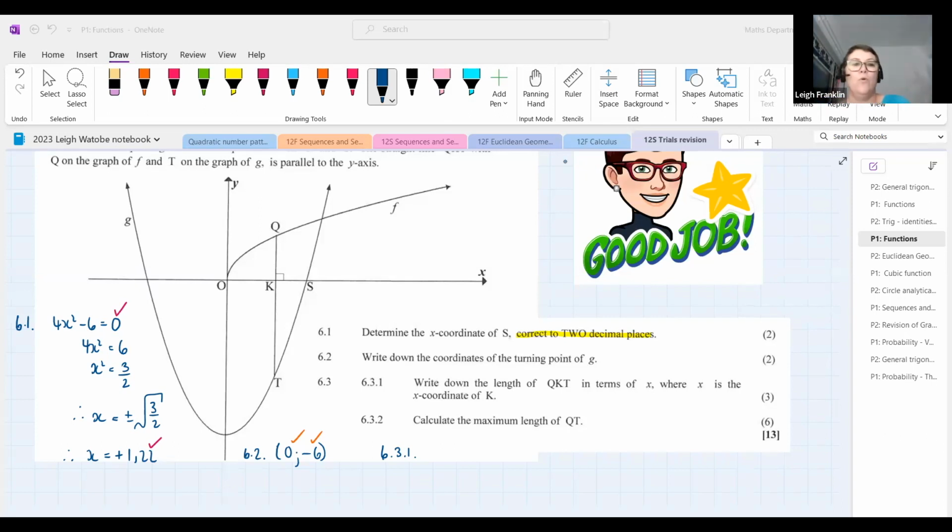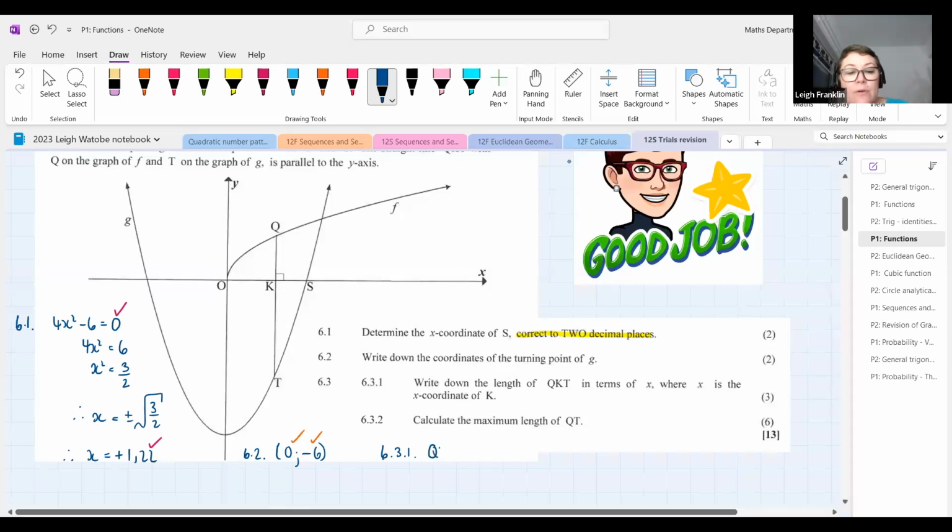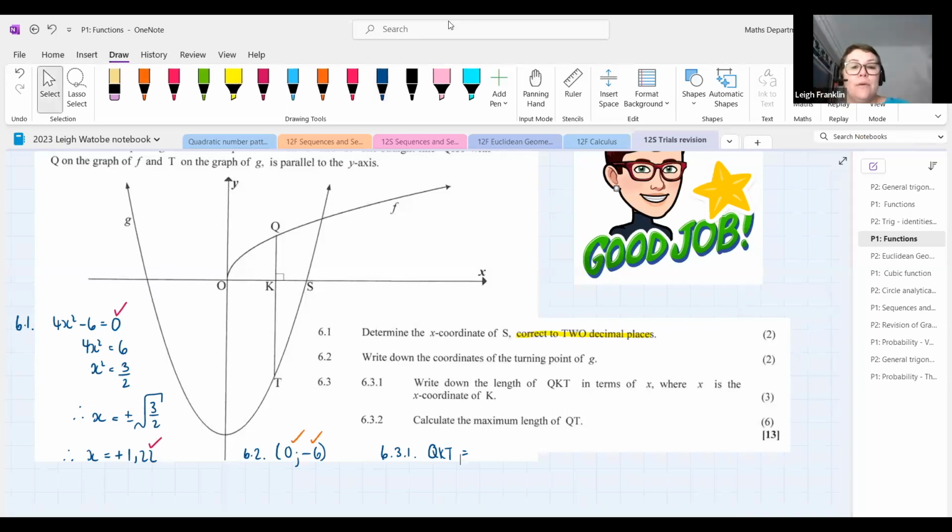Absolutely. All right. So how do we calculate the length of a vertical line in functions? What do they want us to do? How do we calculate the length of a vertical line? Can you guys remember? And it's not distance formula. There we go, Nkonizer.